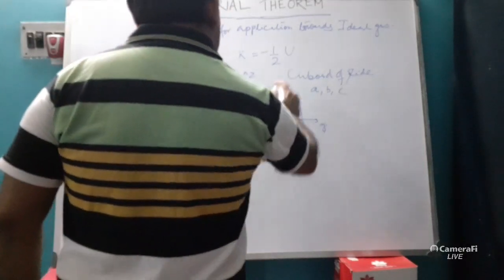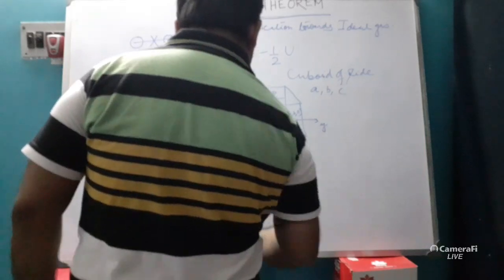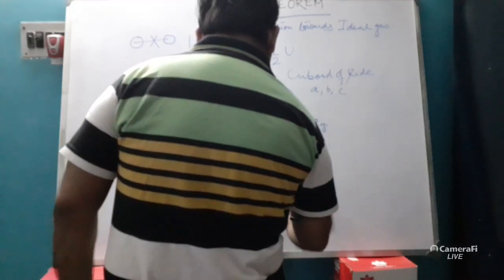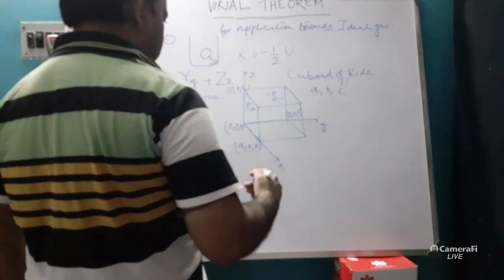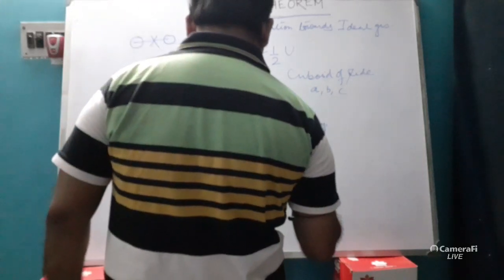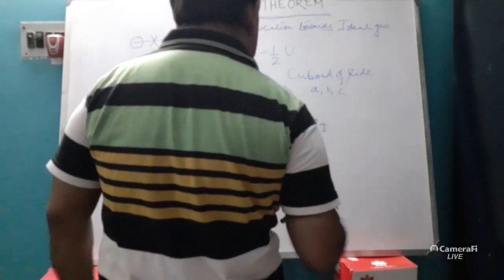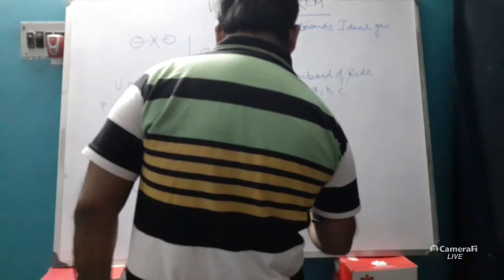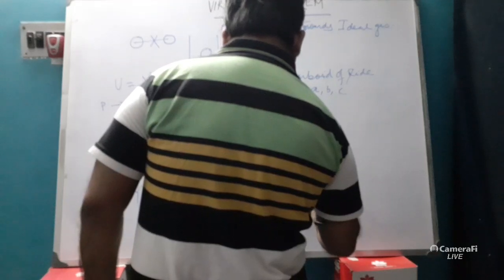This is for this plane, and now we calculate it for the other plane. What we have is minus P, for which the reactive force is along this direction, minus P into B into the area AC.